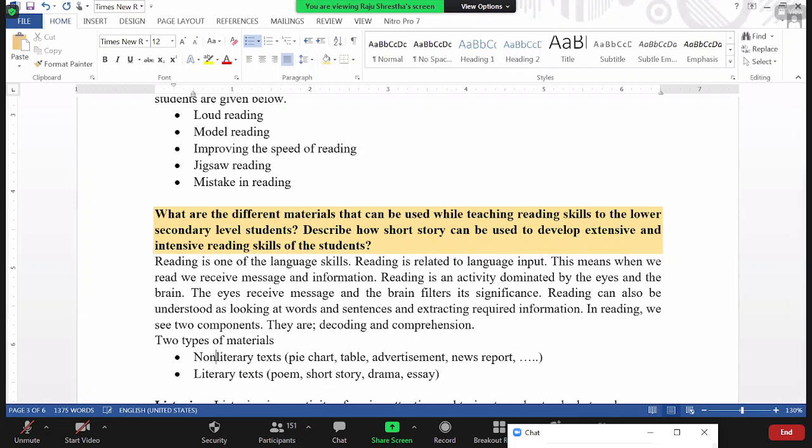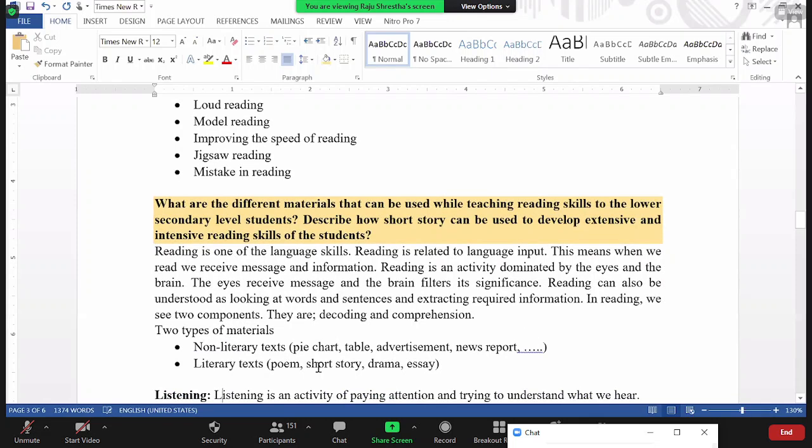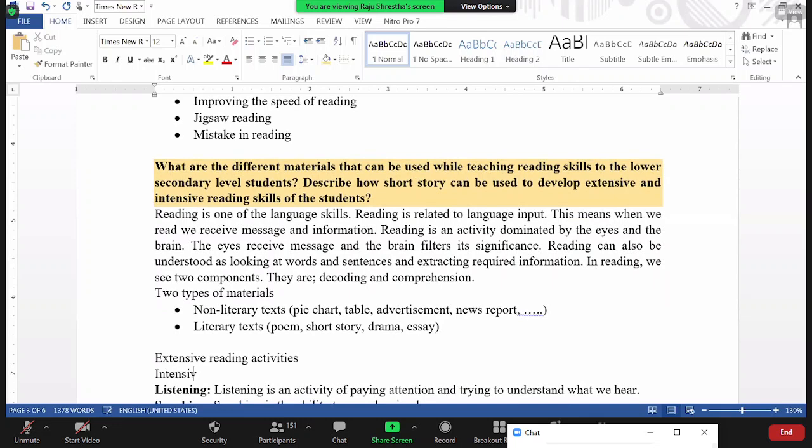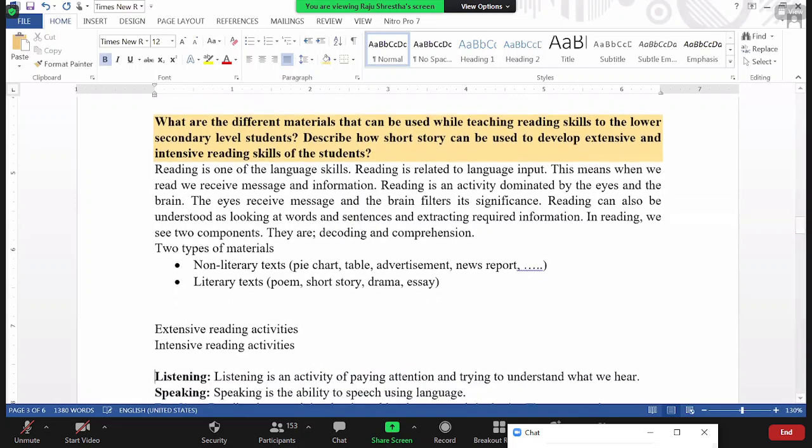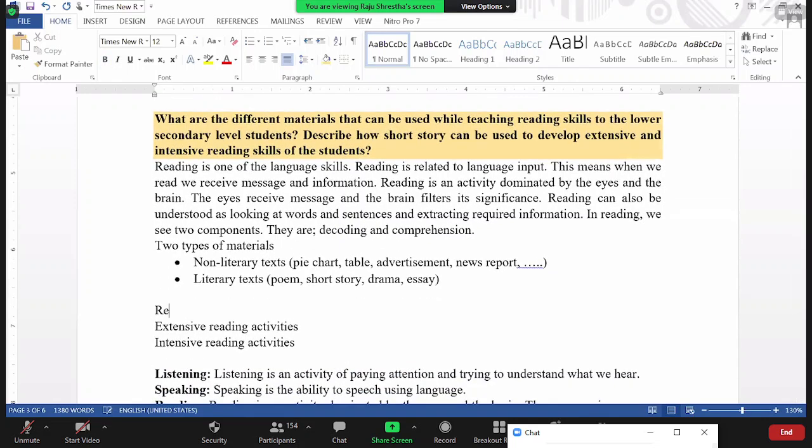So in this way, a question may ask about reading, and then we have extensive reading activities and intensive reading activities. In reading, there are two components: reading is decoding plus comprehension, so we have to focus on these.